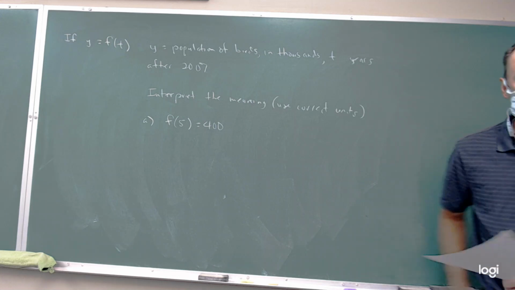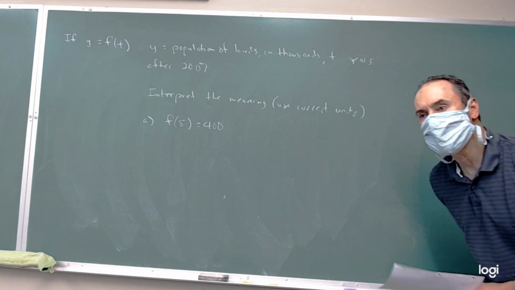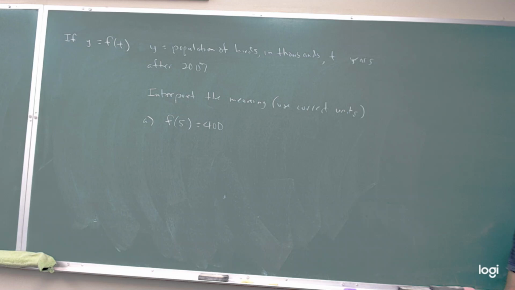Use correct units there. And you can discuss that with somebody next to you. So you can turn to somebody and say, what do you think? Population is 400,000. Did you say 400,000?